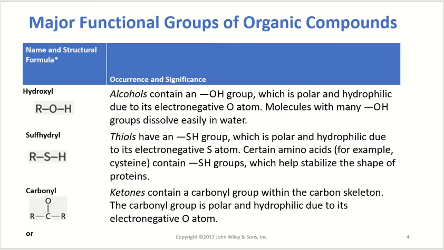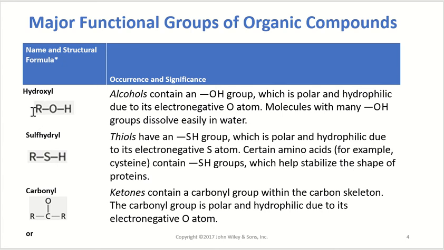Now, I'm not going to ask you to memorize all of the structures and the functions of these functional groups. Just suffice it to say that on a carbon skeleton, you can have any of these functional groups added to give it different functions. So things like alcohols contain an OH, a hydroxyl group, as you can see there.